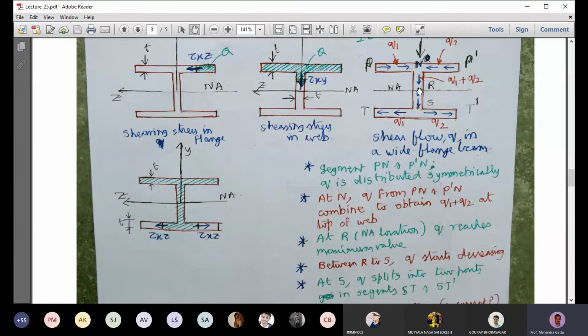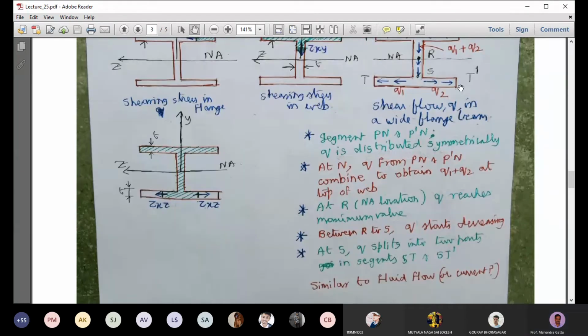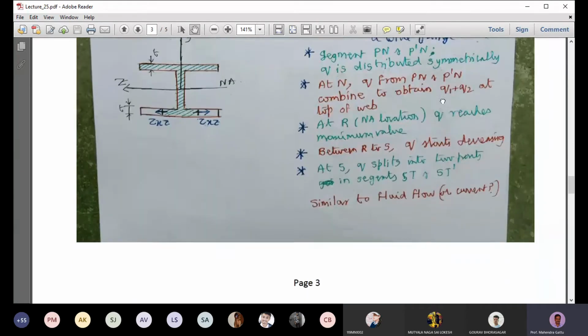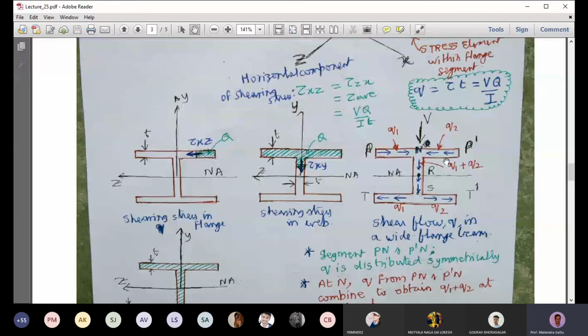Between R and S, Q starts to decrease because the capital Q value decreases. At S, it again splits up into two parts, one going into segment Q1 and the other into segment Q2. This is the concept of shear flow.